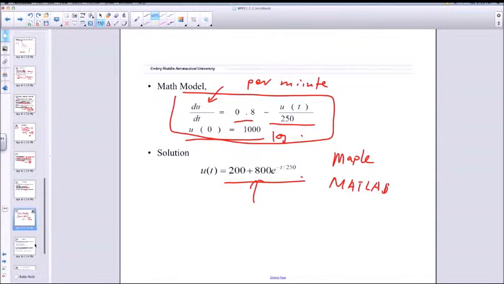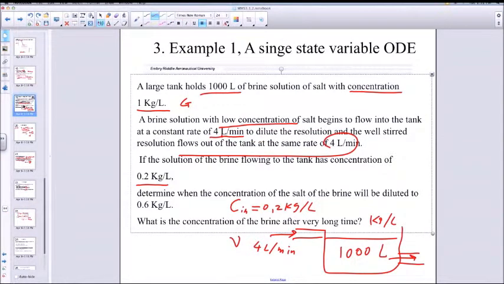You solved the mathematical model. What is the last step? Oh, what's the question? The question asks you to determine how long, starting from the beginning, until the concentration of the salt will be diluted to 0.6 kilo per liter. Oh, you need to answer that question. I have not answered yet.